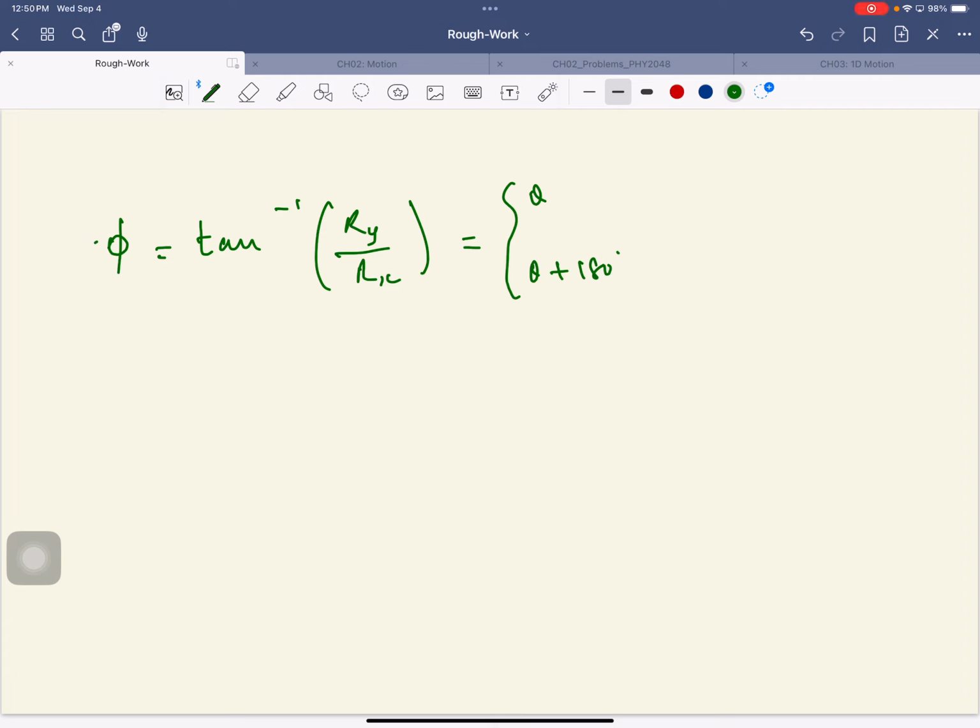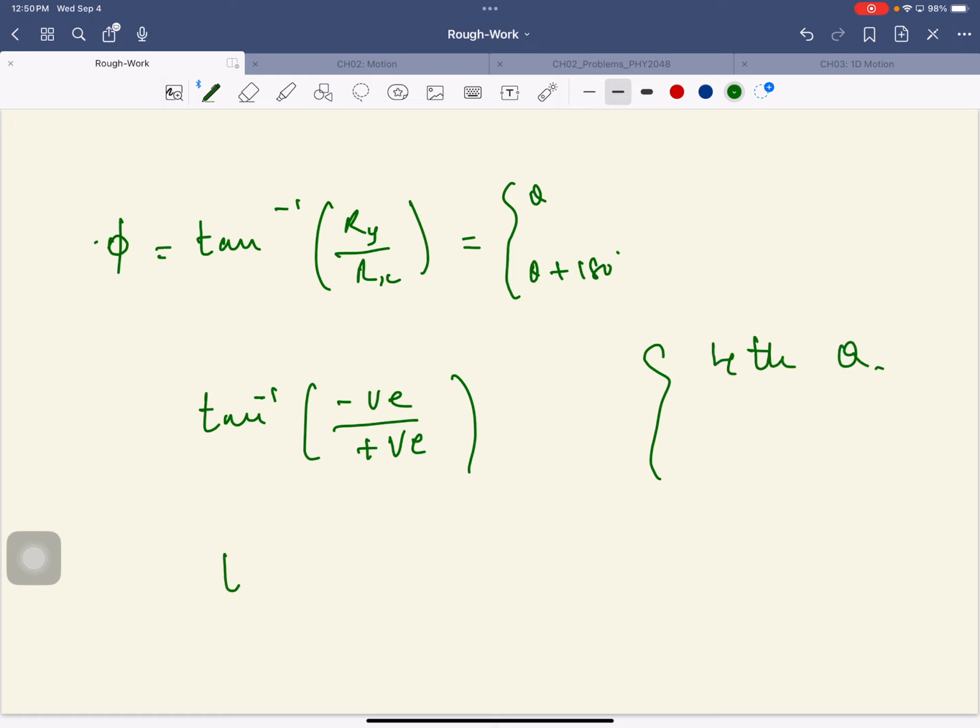The way you know which solution to pick is, if ry is negative and rx is positive, so tan inverse of a negative over a positive, this is an angle in the fourth quadrant.